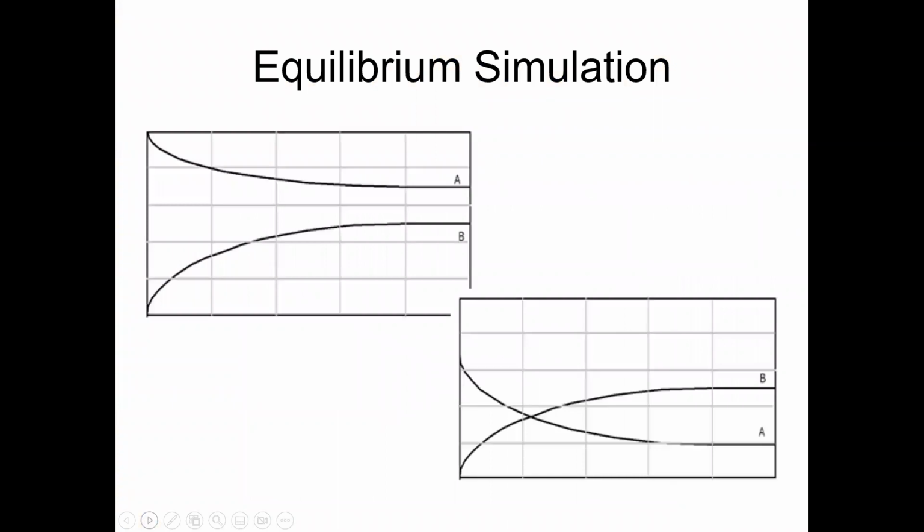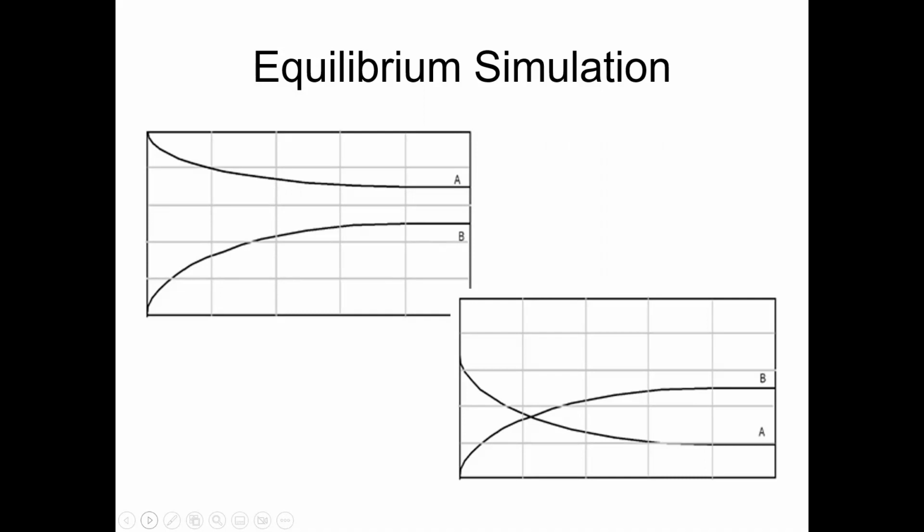I'm going to show you a quick kind of simulation. What does tend to occur with equilibrium is you'll have two substances. So these two lines are representing the reactants, which are A, and the products, which are B. Notice that with both of these, you will have reactants that are decreasing, products that are increasing, and then they will level off.